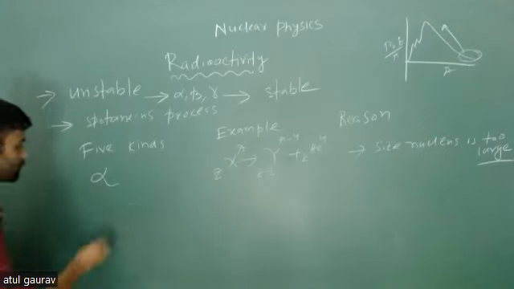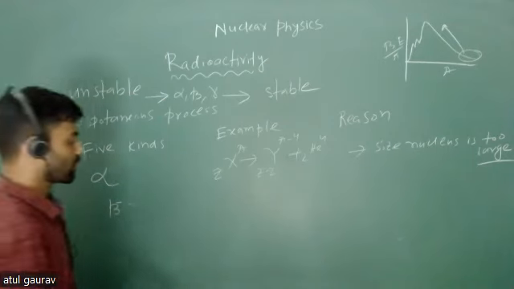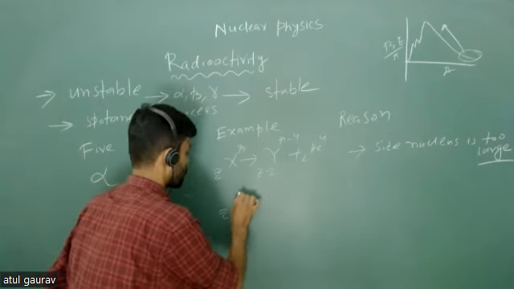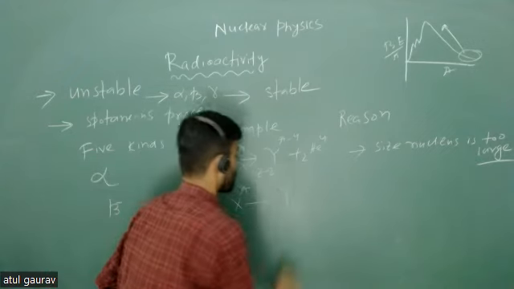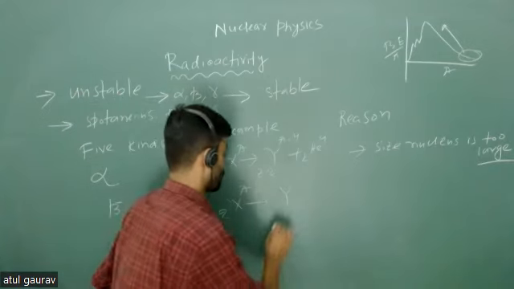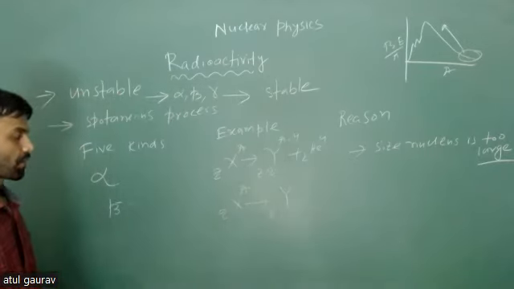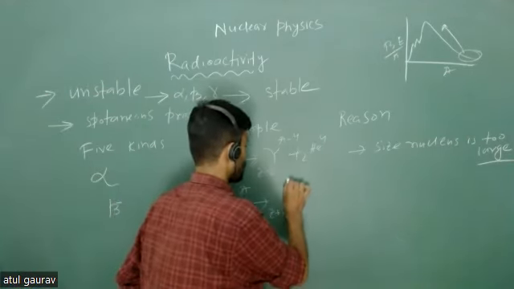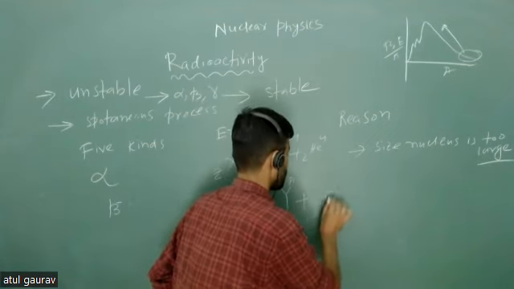Second is beta minus. In beta minus, again I am taking some parent nuclei, atomic number Z, mass number A. So it will undergo beta minus decay. So what will the atomic number be? Z plus 1, exactly. A, then you will have minus 1, zero mass number.